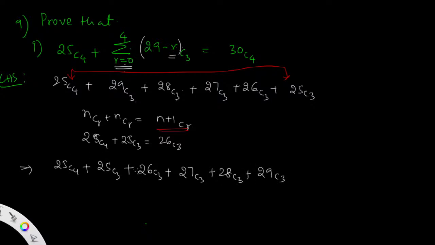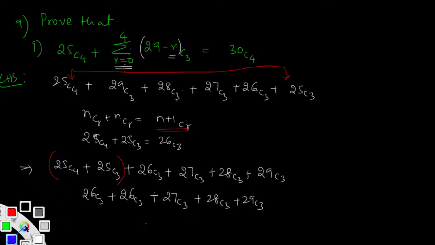This is the rearrangement I am writing downwards. Now regrouping the terms, 25C4 plus 25C3, the above value is written as 26C4, and the remaining terms keep the same, 26C3, then 27C3, 28C3, and 29C3.